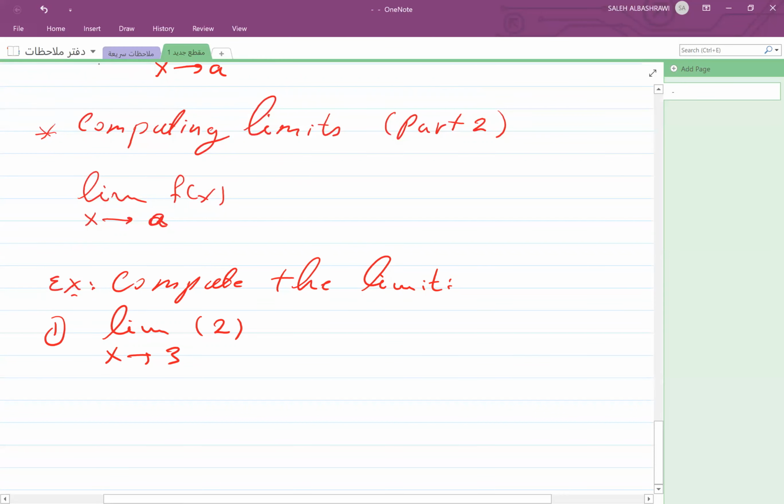We mentioned in the last part that for a constant function, the limit stays the same, no change. It is only 2. So the limit of 2 as x approaches the number 3 is equal to 2. My function is 2 and my real number is 3, so I need to find the value of the function when x approaches 3. Since I have a constant function, it stays unchanged. It is 2.